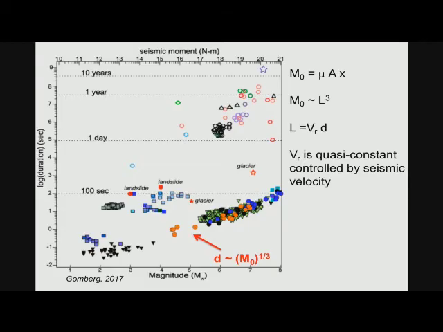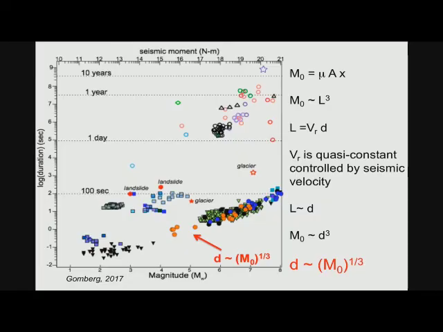And for earthquakes that generate seismic waves, the velocity is constrained by the speed that seismic waves propagate, the S wave. So it's quasi-constant, okay? So therefore, length is proportional to duration if velocity is constant. And I can sub in that length for duration and see that moment is proportional to duration cubed. And that's where this relationship comes from. It's constrained by seismic waves being generated by the earthquake.